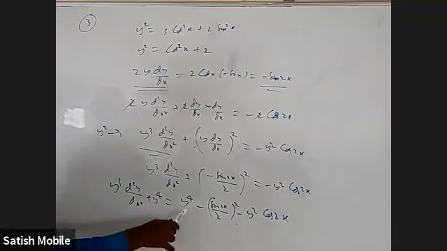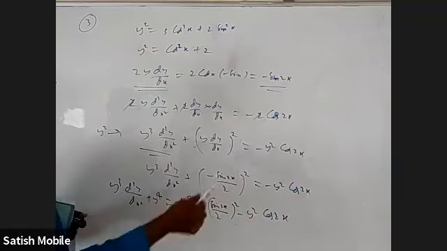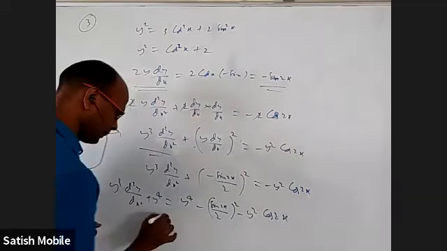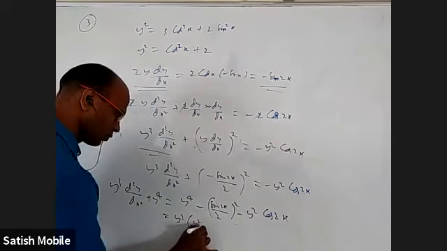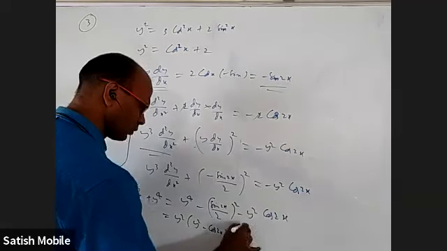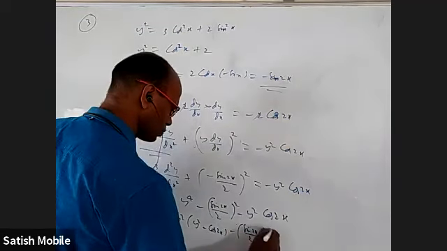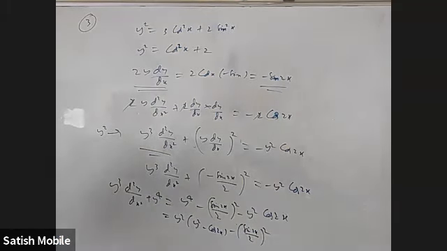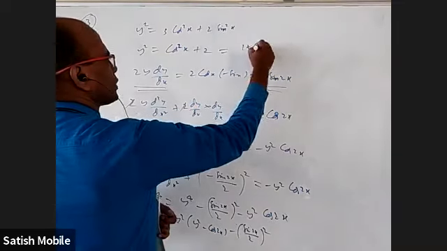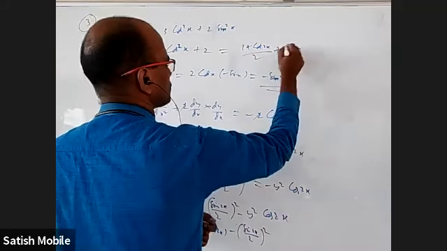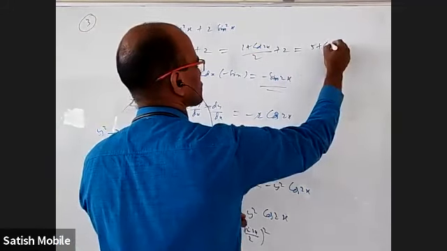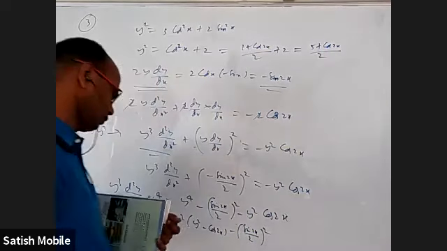From these two I can take y square common and see if it works out: y square times y square minus cos 2x, minus sine 2x by 2 whole square. What is y square? Cos square x plus 2. Shall I write everything in terms of cos 2x? This is 1 plus cos 2x by 2 plus 2, which is 5 plus cos 2x by 2.